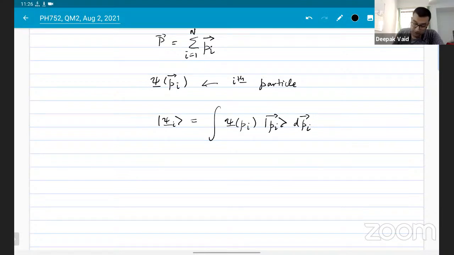So if you want to define the state of the whole system, right, which has n particles, one way to do that, so this state would be a function of these n momenta. So one way to do that would be to just take the product of the individual states.